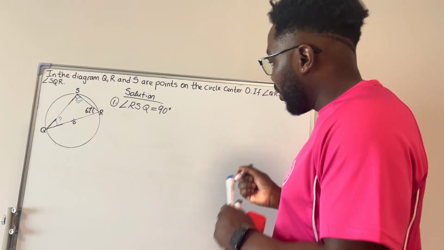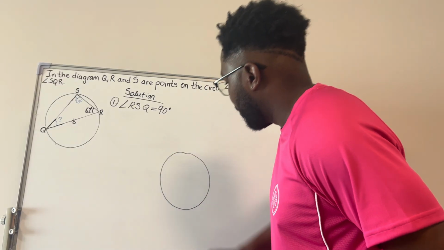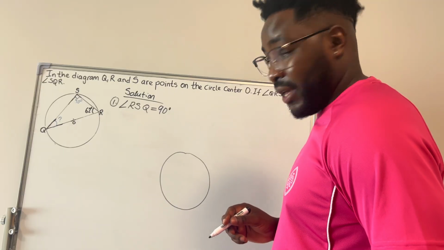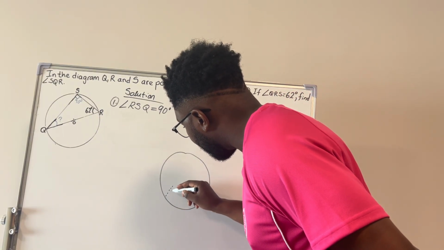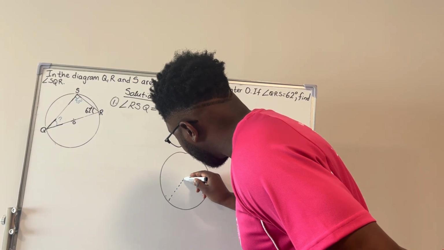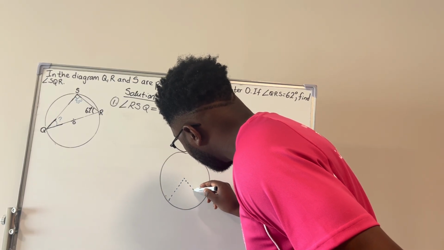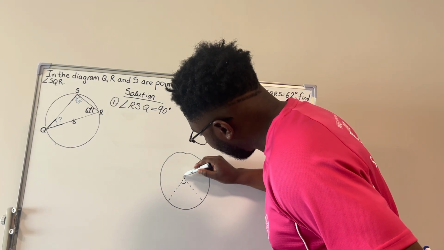Let's say I'll just illustrate it here. We have this circle over here, and let me get an angle at the center there. So this is my angle at the center O, right?